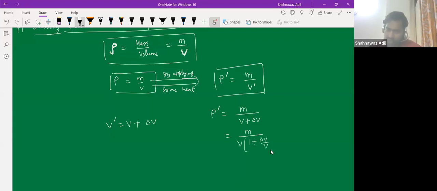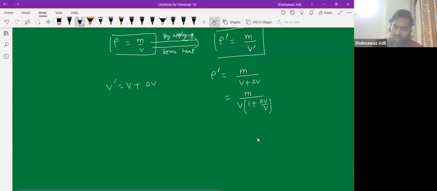So this is this. And I can write this thing as how much? This M by V is my original density. And this is 1 plus delta V by V, right? So then this would be how much?